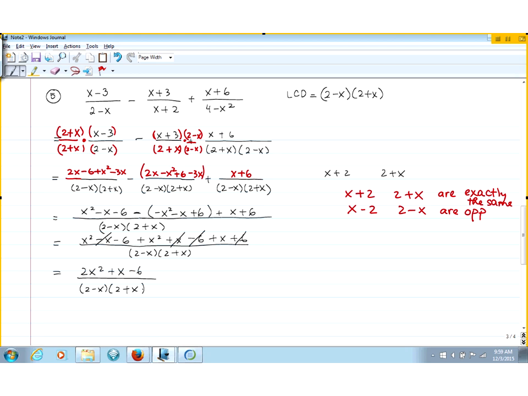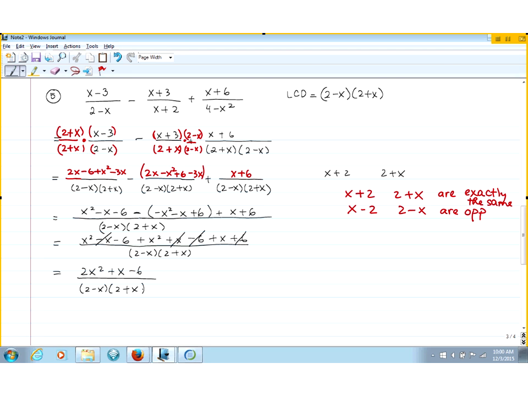Am I okay, or are we making a mistake or not? 2x squared. Okay, now what? What do we do now? So 2x minus x squared plus 6 minus 3x.